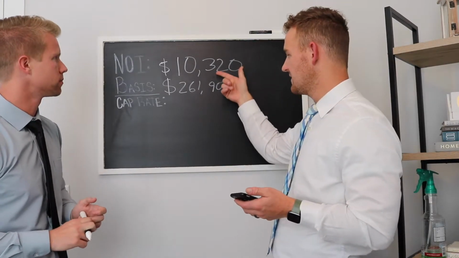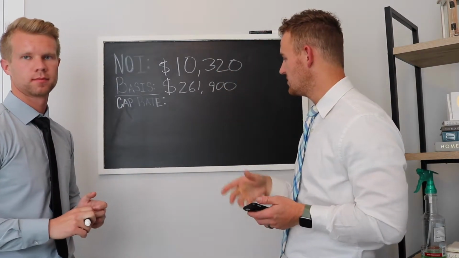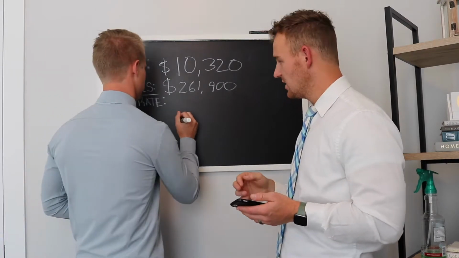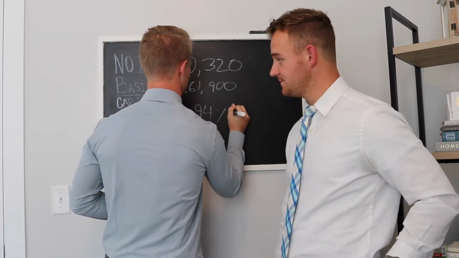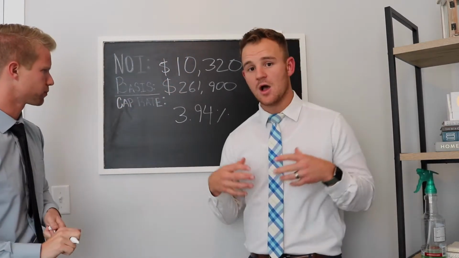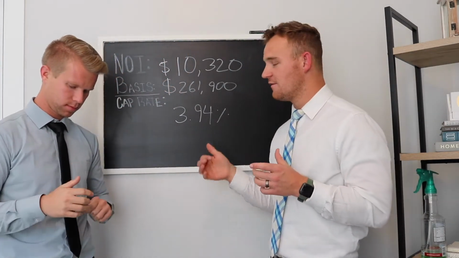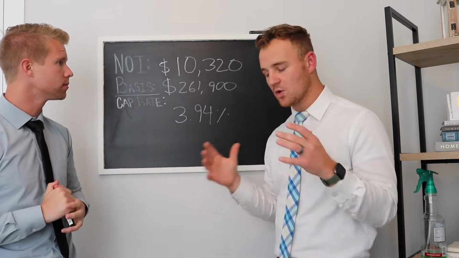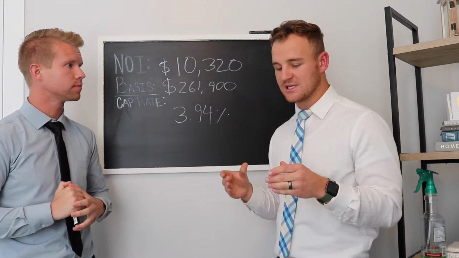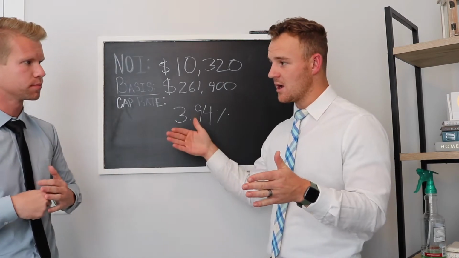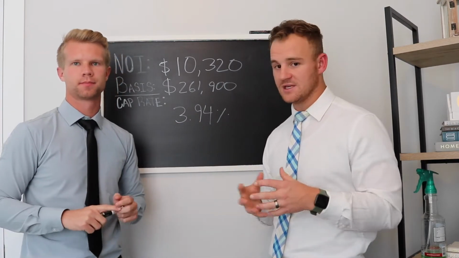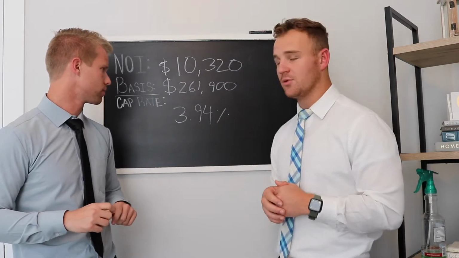So you take $10,320 and divide that by $261,900, and you're going to get a cap rate of 3.94%. That would be my unleveraged rate of return for my income stream. If I had no debt on the property and you were just analyzing how much income this is producing, we're not talking about the value going up, or depreciation or other things, just that income stream, it's 3.94%.